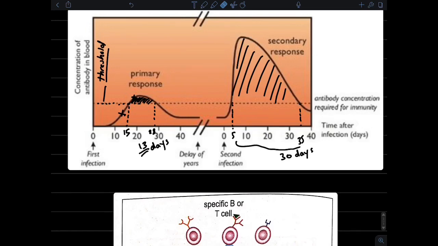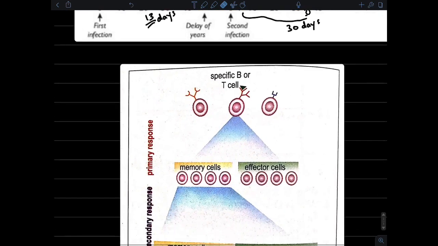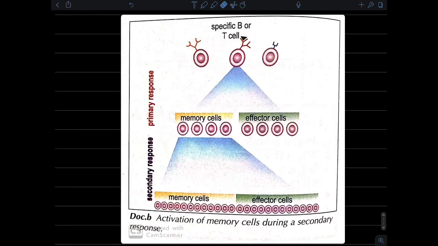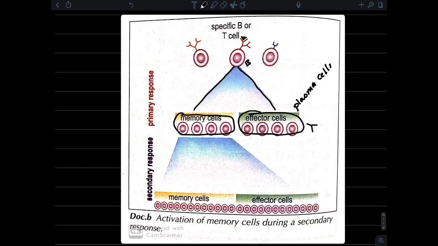At the cellular level, in the primary immune response, if the immune response is humoral, this is B lymphocyte. In the primary, it makes clonal expansion. Some of the cells become memory, while the others differentiate into short-lived plasma cells that secrete free antibodies, as we discussed previously.